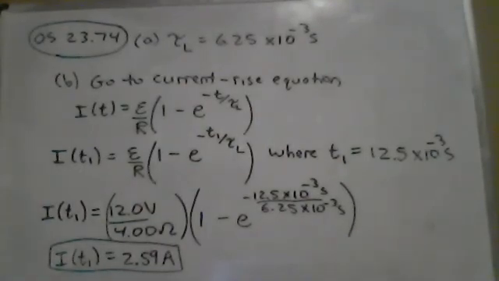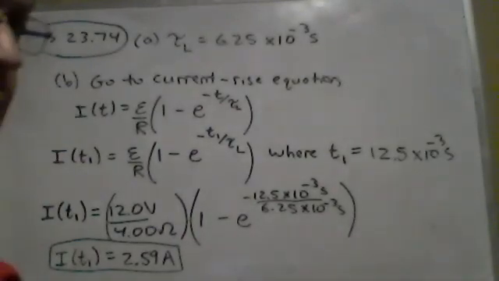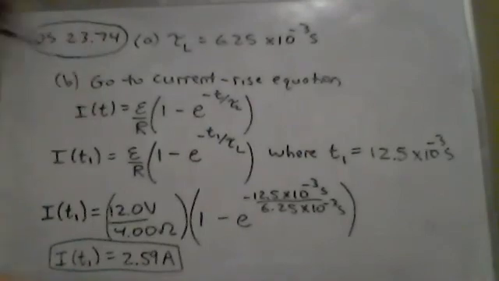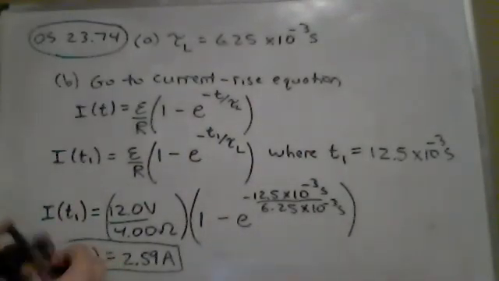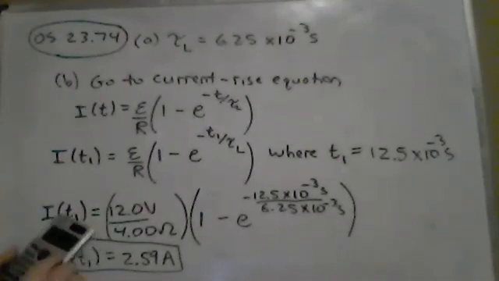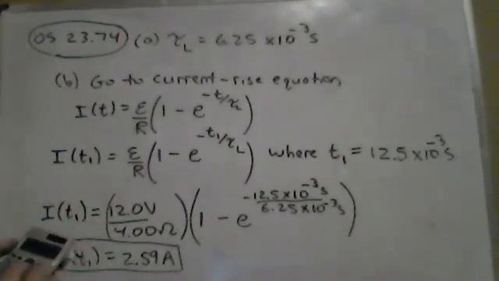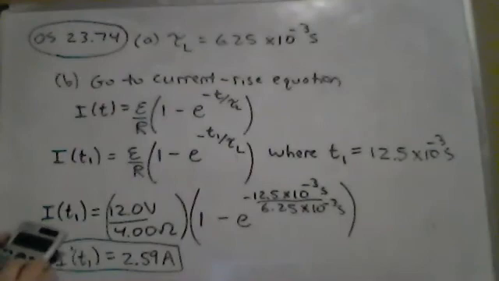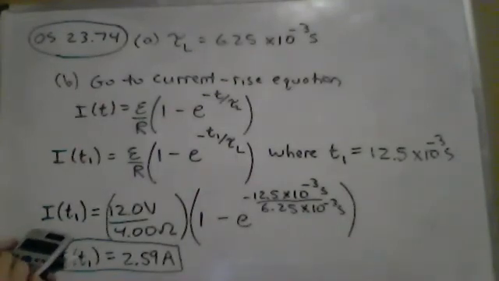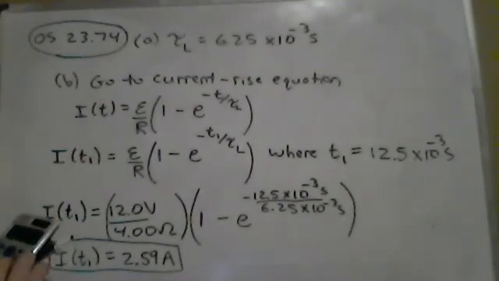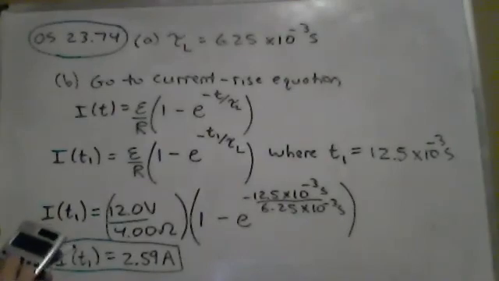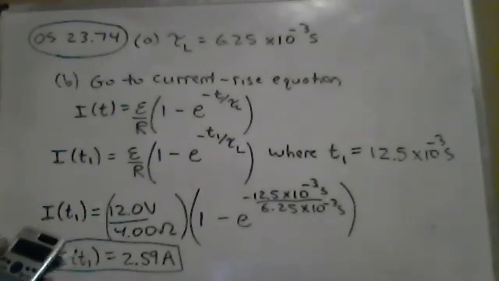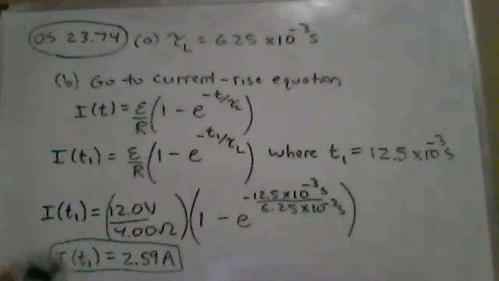We can calculate it right now. If I have my calculator, 1 minus e to the negative 2, right? The maximum would be 3 amperes, 12 over 4. So two time constants is 86%.